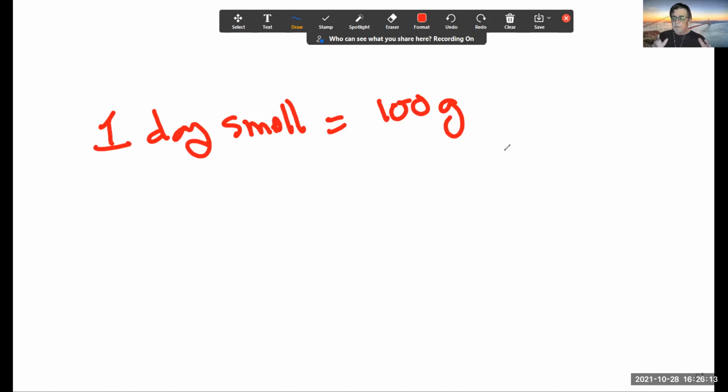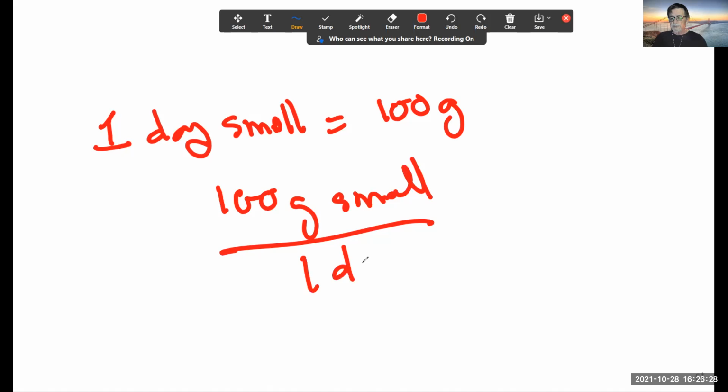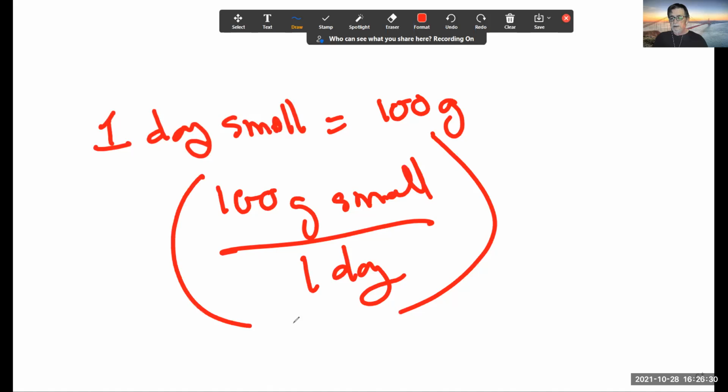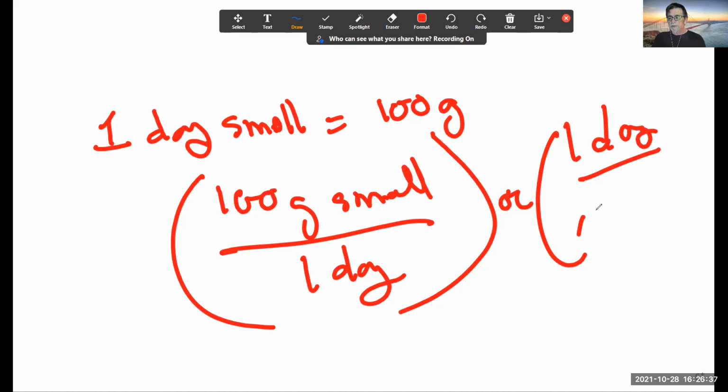We had 1 inch is equal to 2.54 centimeters, and I can write that ratio either with centimeters on top or centimeters on the bottom. I can do the same thing here. I could say 100 grams of small over 1 dozen. Okay, that's my ratio. Or I can put dozen on top over 100 grams.